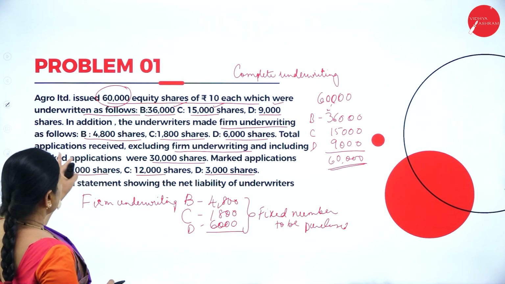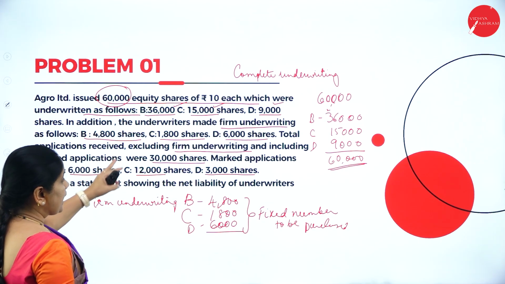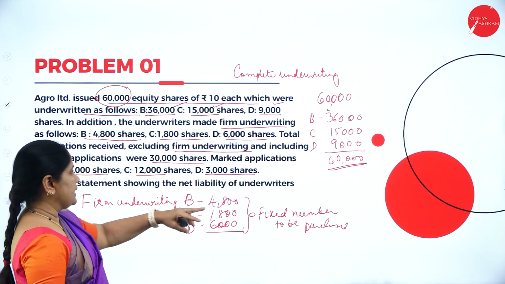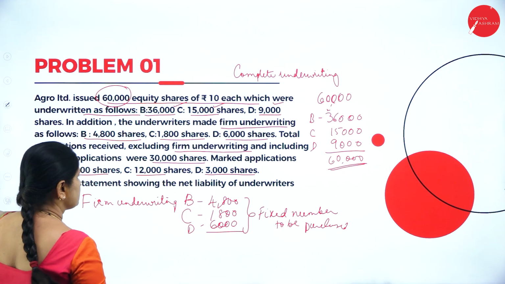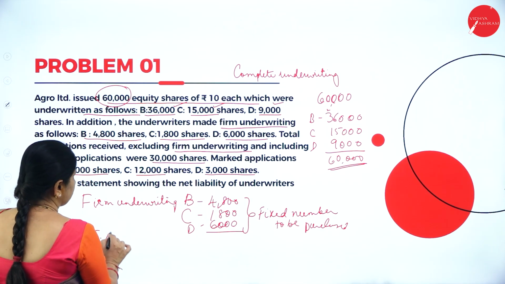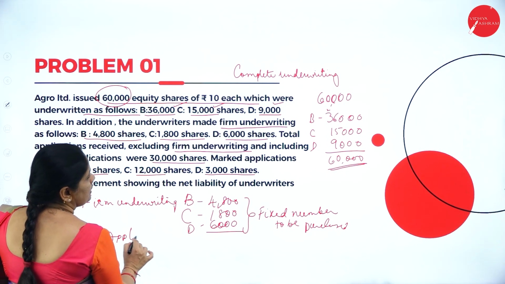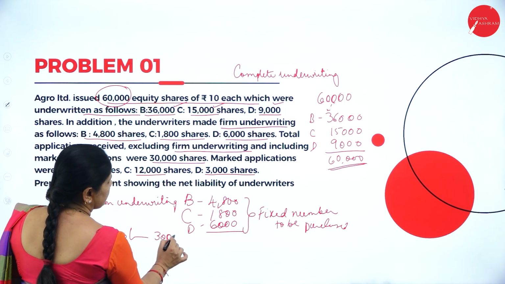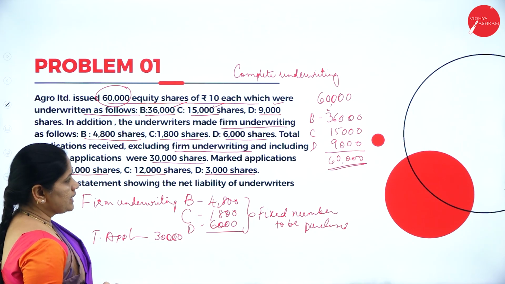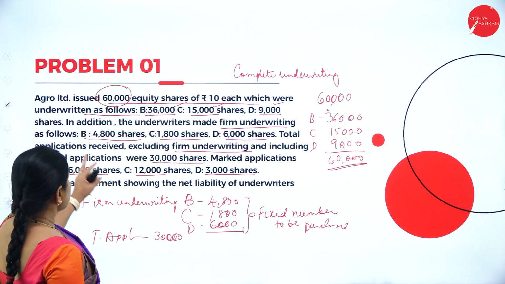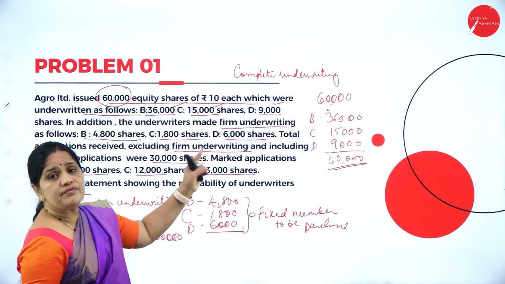Now, the total applications received excluding firm underwriting and including marked applications were 30,000. So, what is the total applications received? Total applications received are 30,000. They have told us they have excluded the firm underwriting.